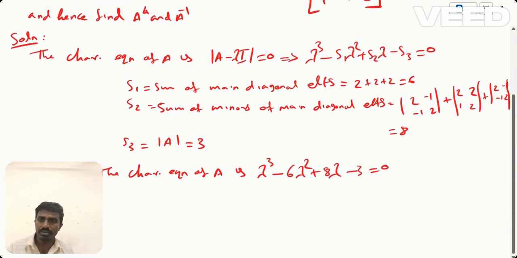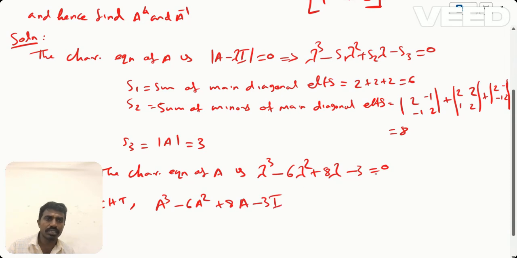By the Cayley Hamilton theorem, every square matrix satisfies its own characteristic equation. Means in the characteristic equation replace lambda by A. So A cube minus 6 A square plus 8A minus 3I. Replace the constant by the constant times the identity matrix. Then you get the zero matrix.